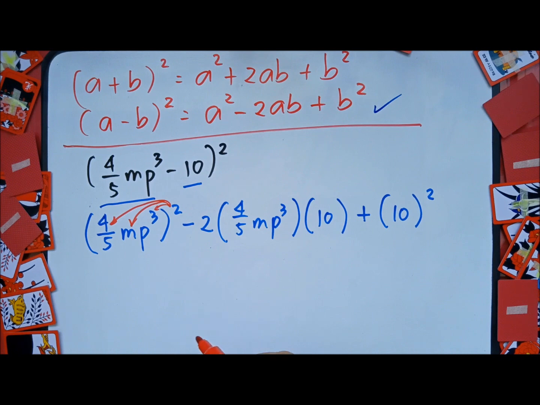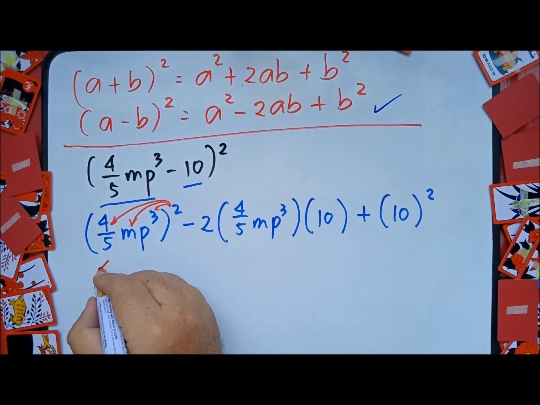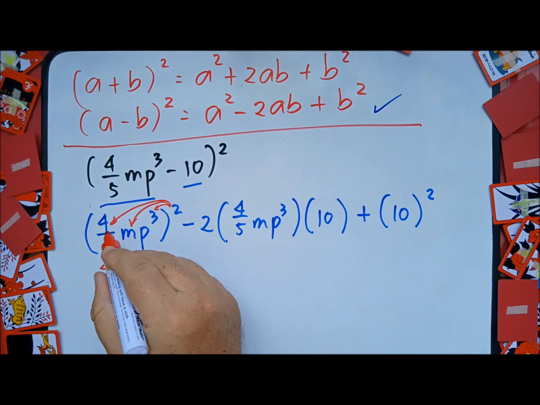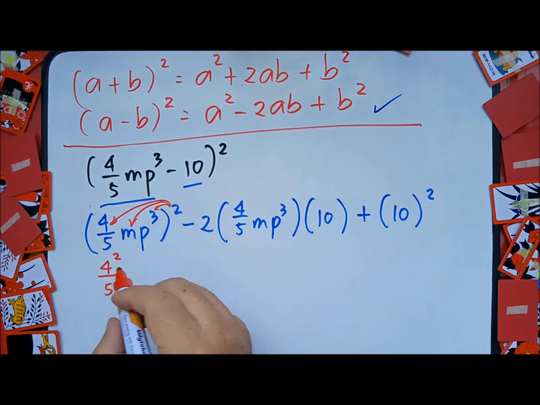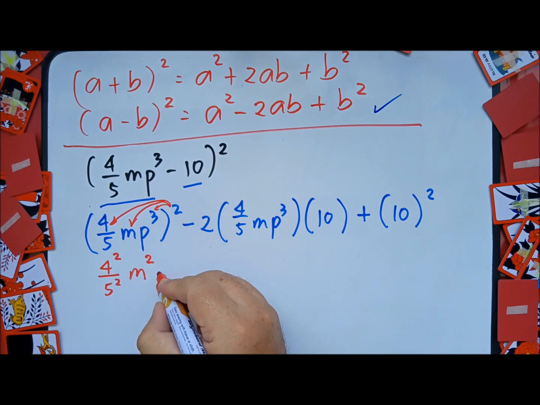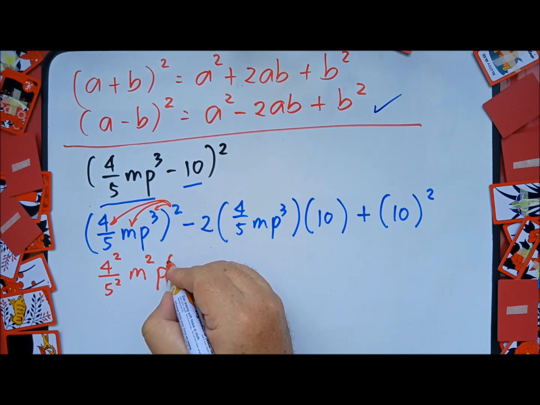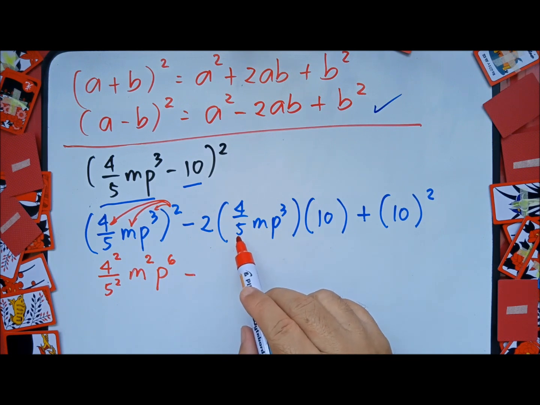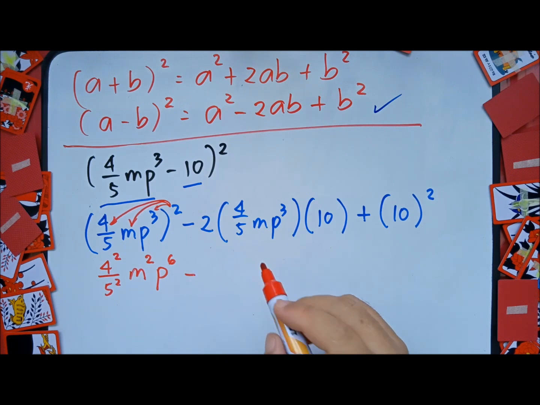Okay, so this will become what? 4 squared over 5 squared. Distribute, distribute. M, 1 times 2 is 2. P, 3 times 2 is 6. Then 2 times 4/5 times 10, this is also equivalent to what?